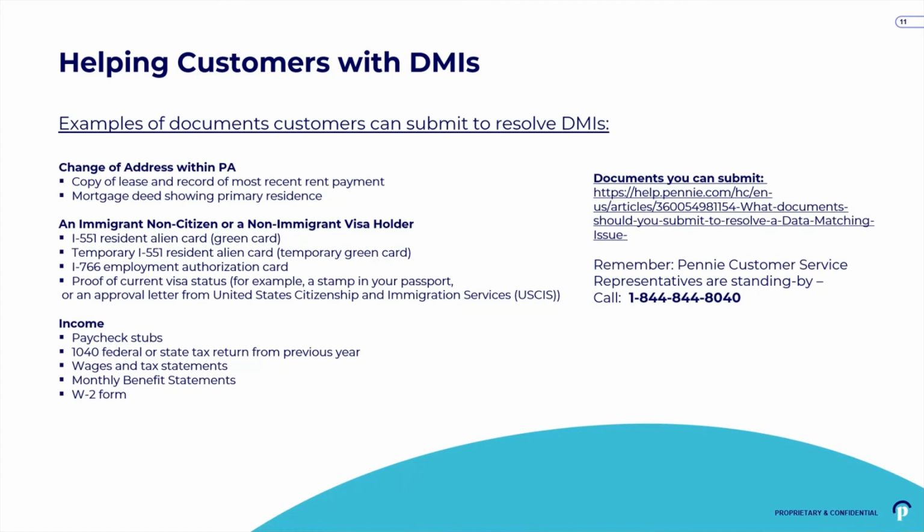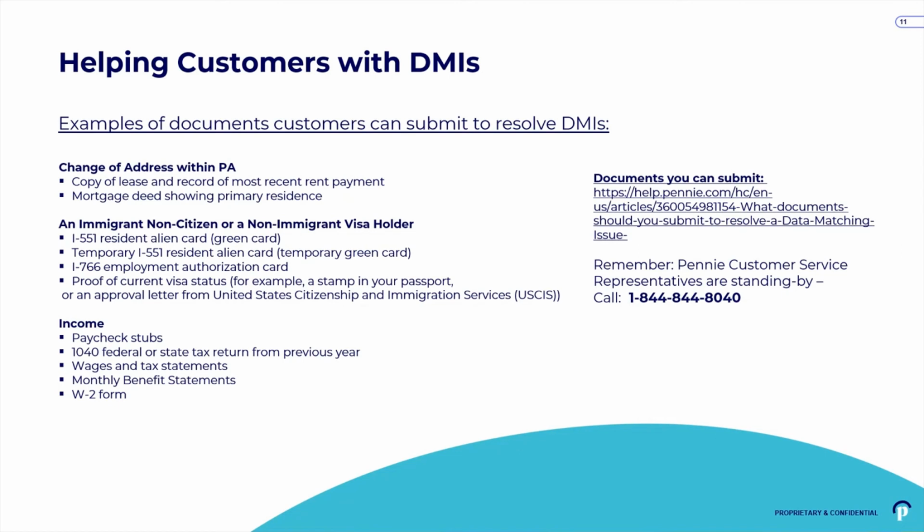For individuals who are an immigrant non-citizen or a non-immigrant visa holder, of course, we can utilize something like a green card or a temporary green card, I-766 employment authorization card. You can also use other types of visas, whether that would be a student visa or H-2A visa. Those are things that are enumerated on the FAQs at pennie.com.